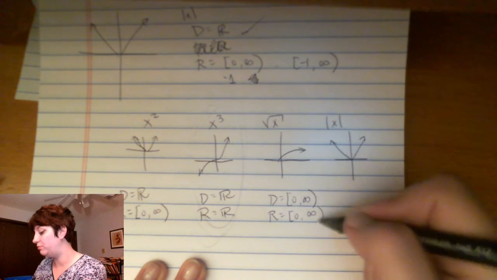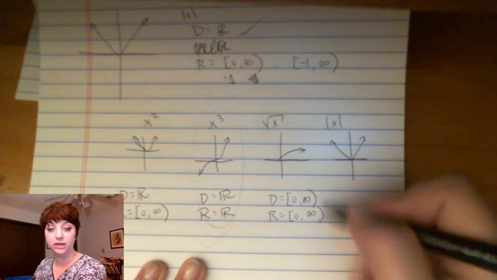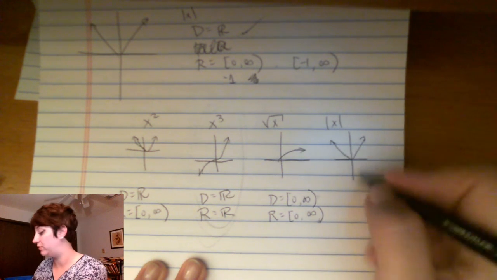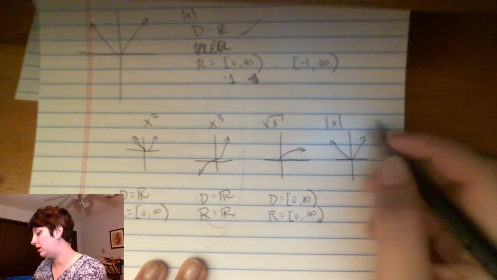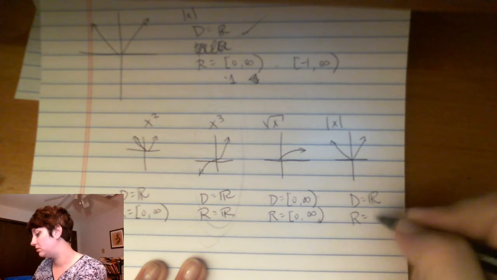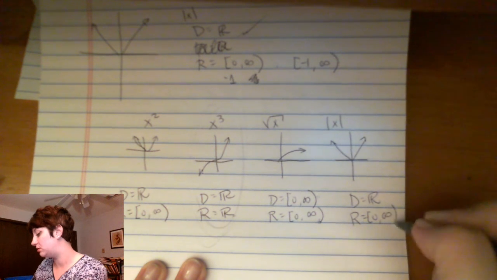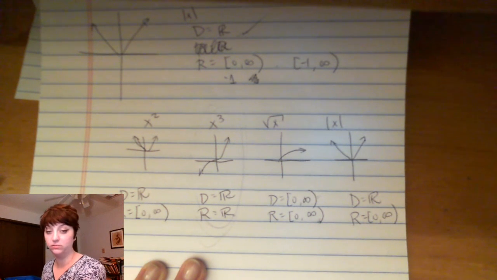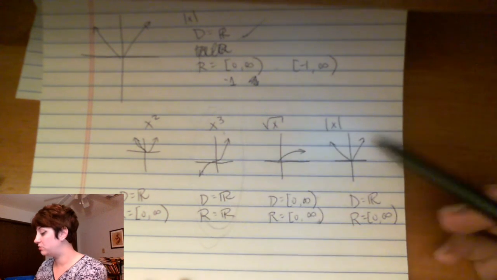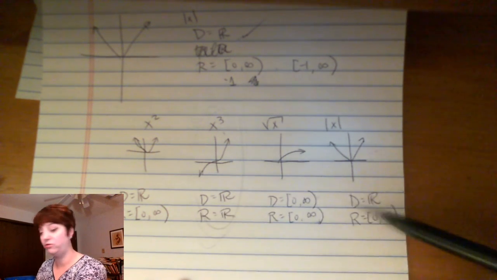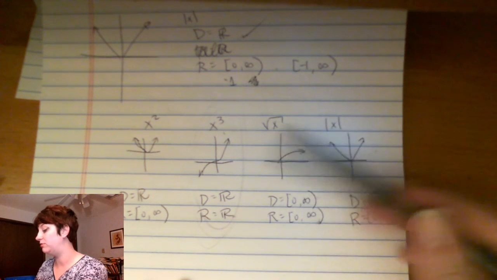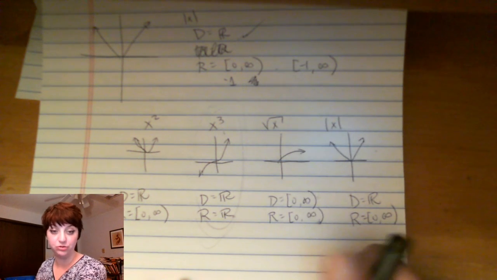So this one, both x and y transformations are going to affect your domain and range answers. And then absolute x is just like the x squared, all right? So x cubed never cares. X squared and absolute x only care if you do something changing the y values, and square root of x is the one that cares if you do either one of them.